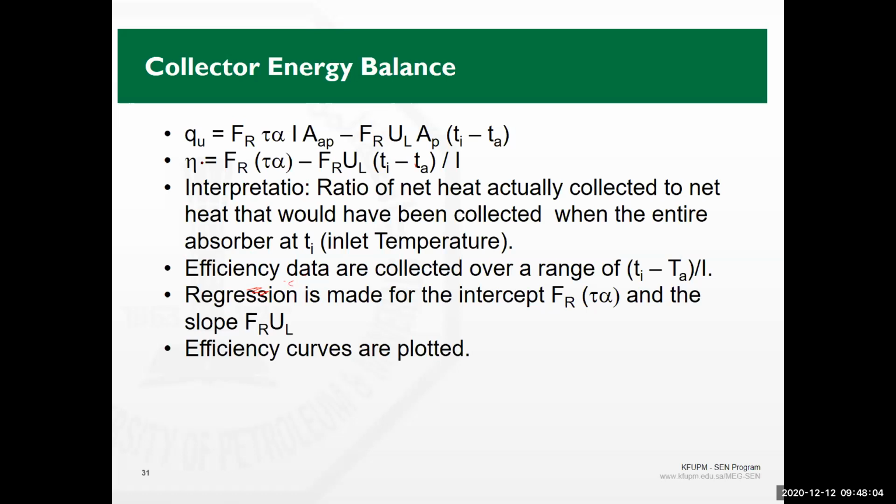So this is our y, this is our x, this is the intersection with the y-axis, and this is the slope. So these values, Fr tau alpha, Fr UL, are the values that should be provided by every manufacturer. Sometimes they give the values, sometimes they give the values and the plot as well.